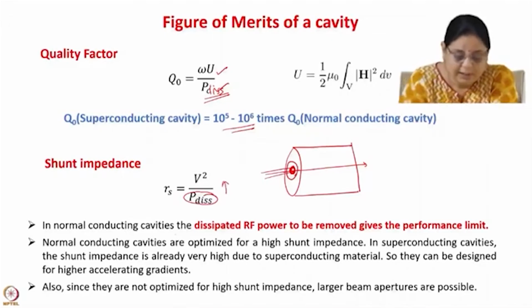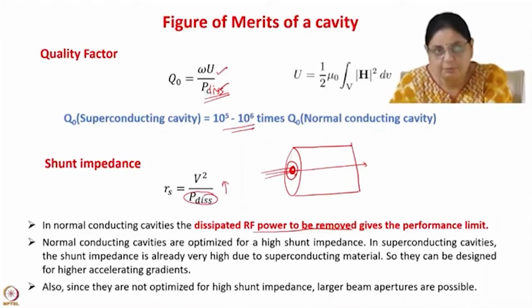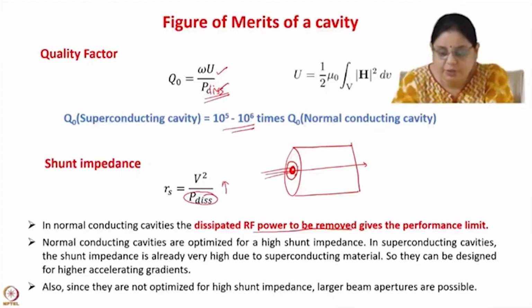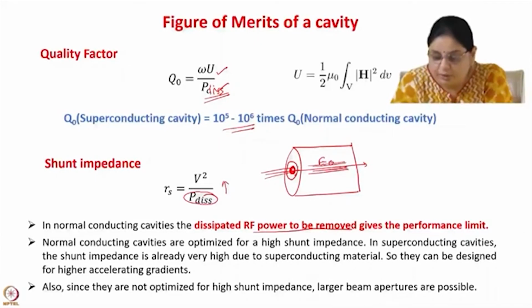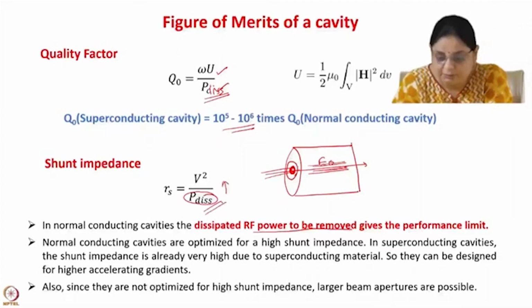So in normal conducting cavities, the dissipated RF power to be removed gives the performance limit. If you choose your accelerating field, let's say it's a TM010 cavity, so you decide your E0. Now for this voltage or this electric field, there is a certain power dissipation.